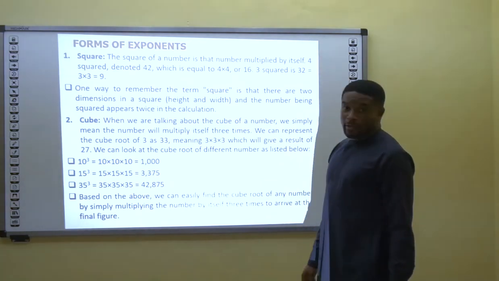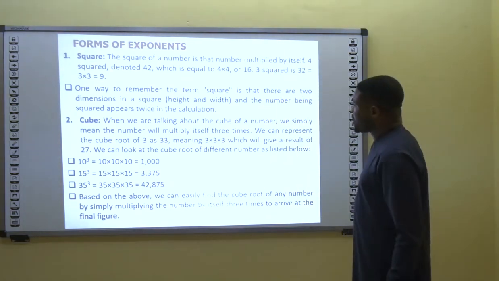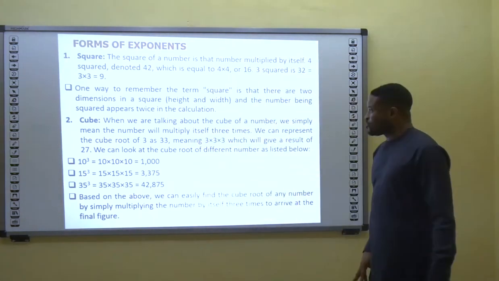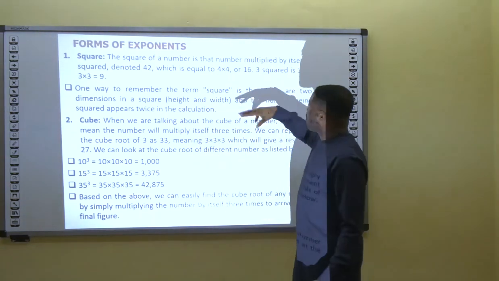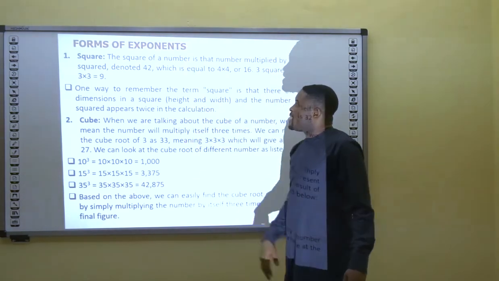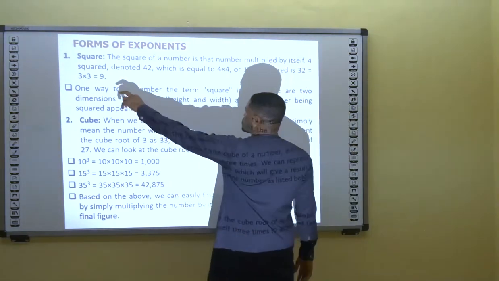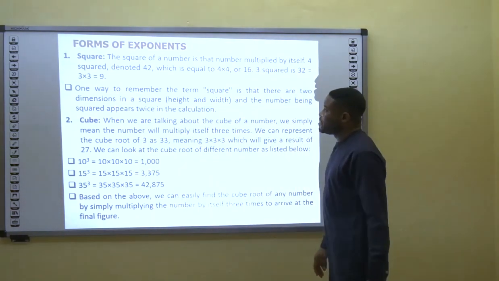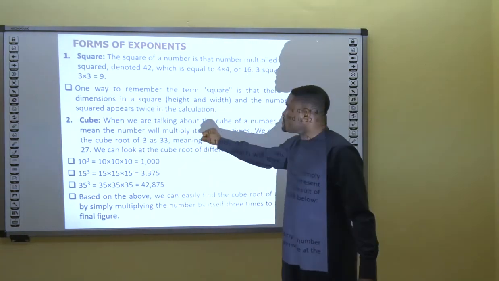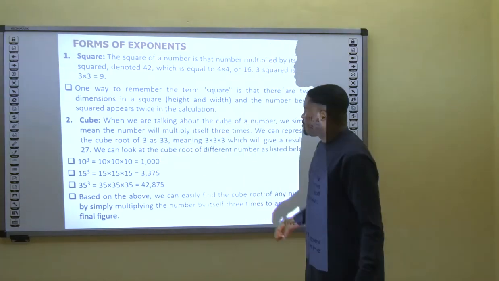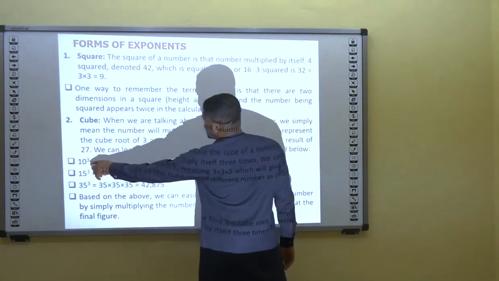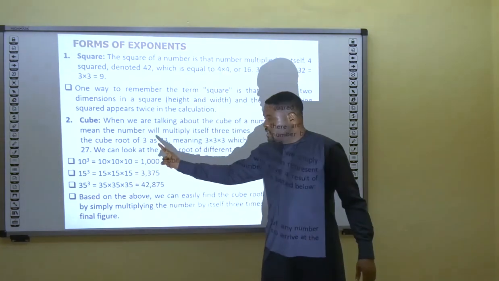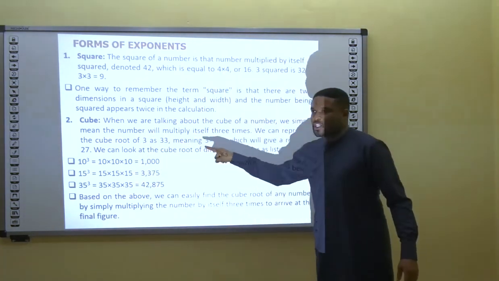So now, exponents can come in different forms. They can be a square, cube, and so on. When it's a square, it simply means we are squaring those numbers. So for instance, if we square 3, 3 by 3, we get 9. Square 4, 4 by 4, we get 16, and so on. Then for cube, it's simply saying that that particular number is raised to the power 3, which is also the same thing as multiplying the number by itself in 3 places.